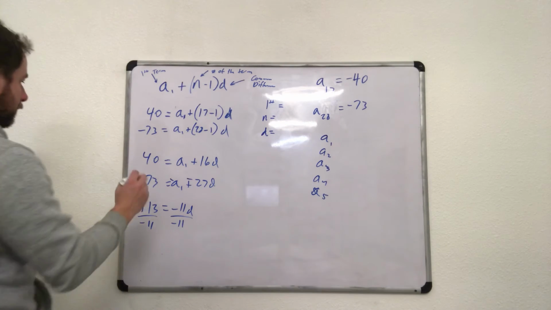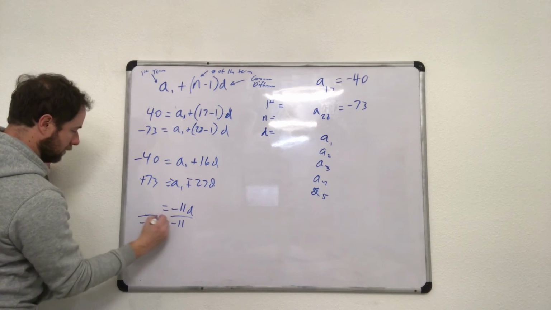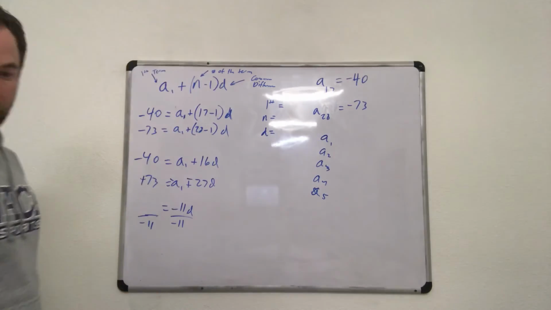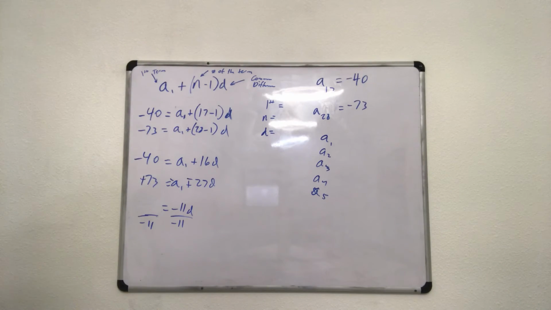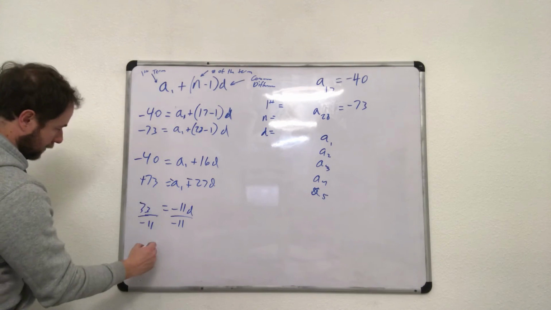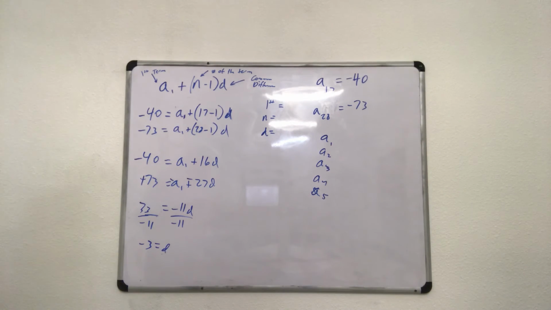Oh, this was supposed to be negative 40. That was my bad. I just didn't look at that correctly. So whenever I do that, that would be 33. Divide by negative 11, negative 3 equals D. So the common difference is negative 3.